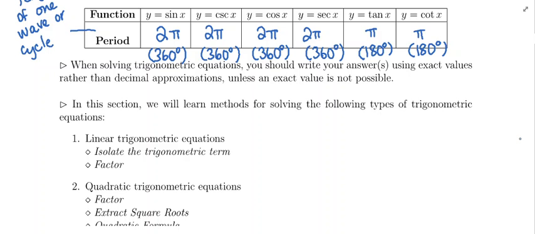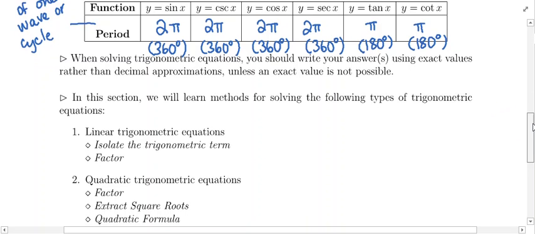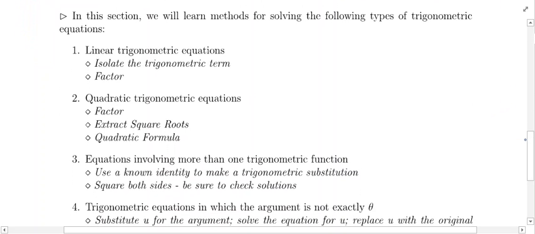Okay? In this section, we will learn methods for solving the following types of trigonometric equations. So what I have here is a list of the types of equations we're going to go through, and then underneath each type, I've got an outline of the methods you can use to solve these specific types.